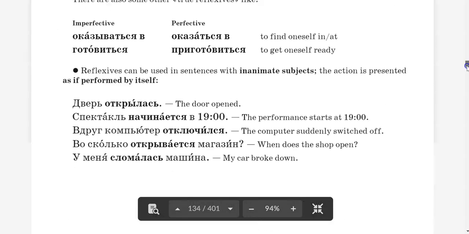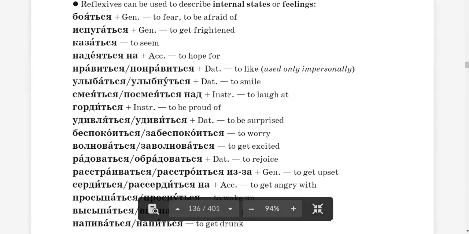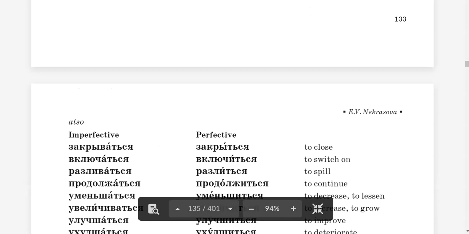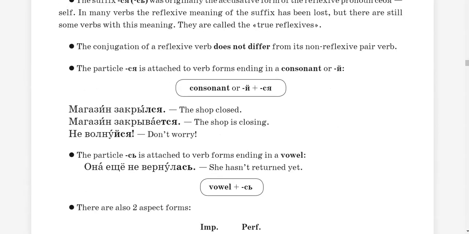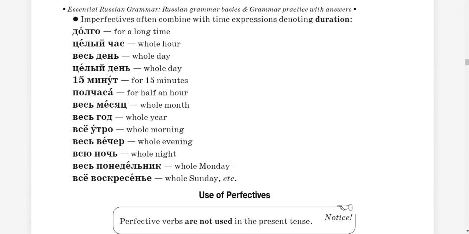If we also want to specify the duration of the action, we would use specific adverbs here.